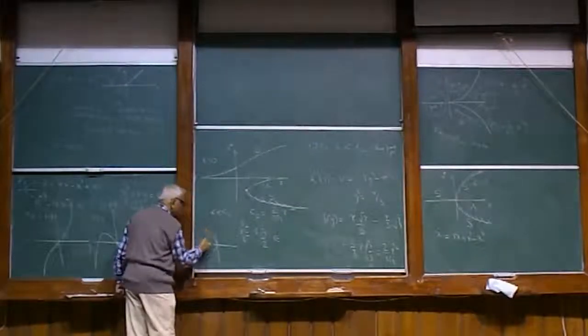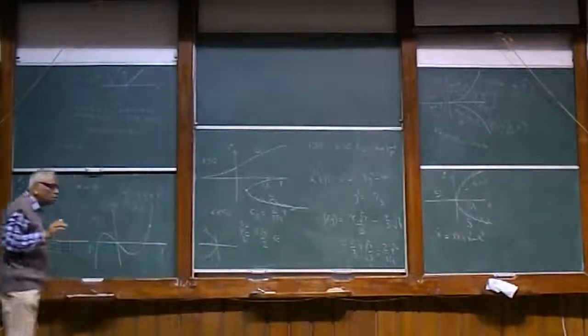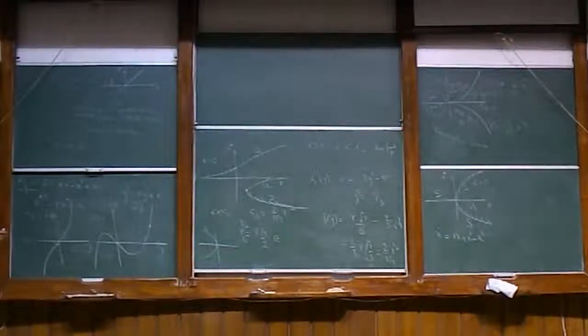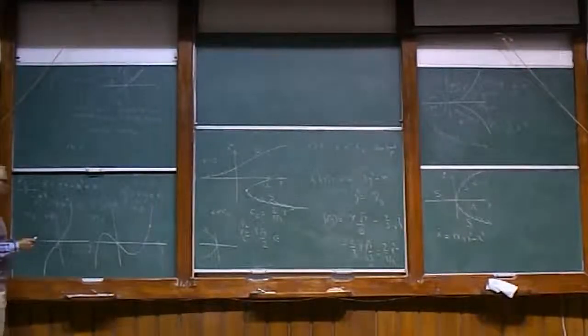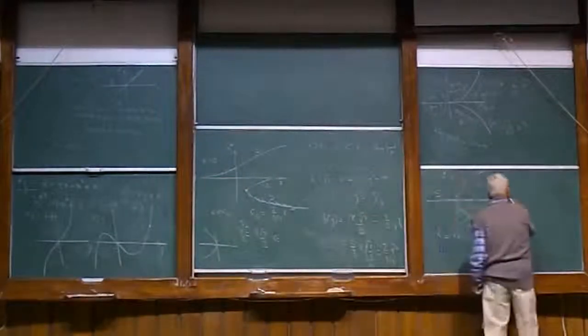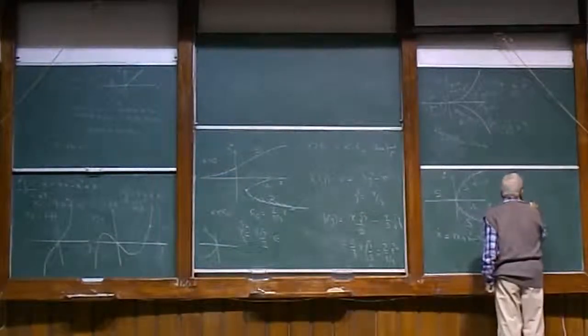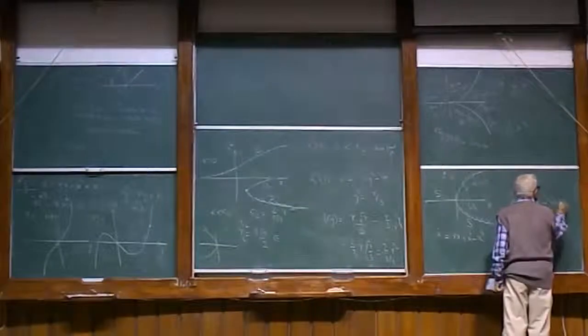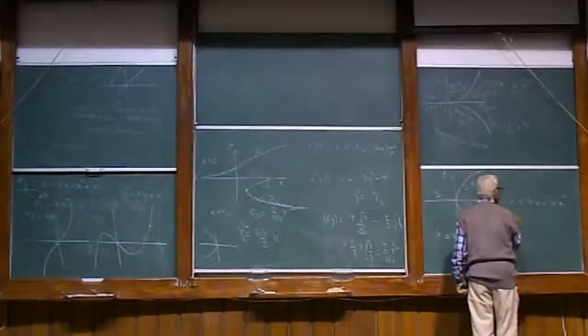No, sir. What I meant is, can it be minus 2x cube or something like that? Oh, certainly, I can just scale it out, right? x dot equal to, say, Rx minus alpha x cubed.